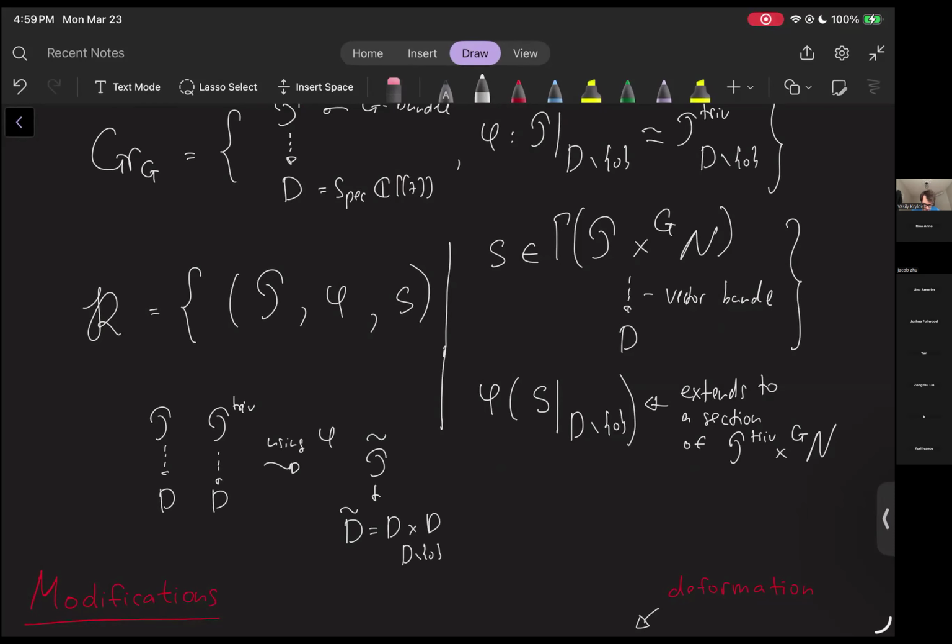And then this condition on S precisely tells us that S defines a section of this P tilde cross G N. So if we bundle over this Riviola space, it glues a section.